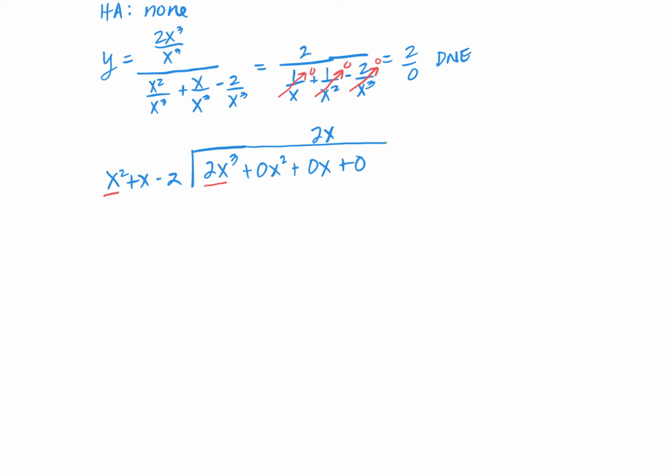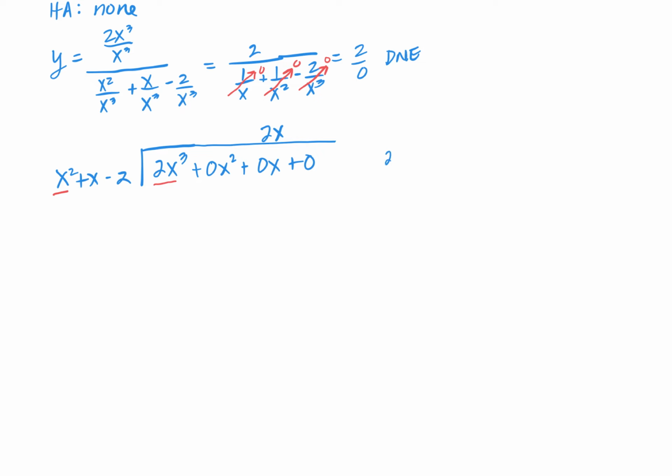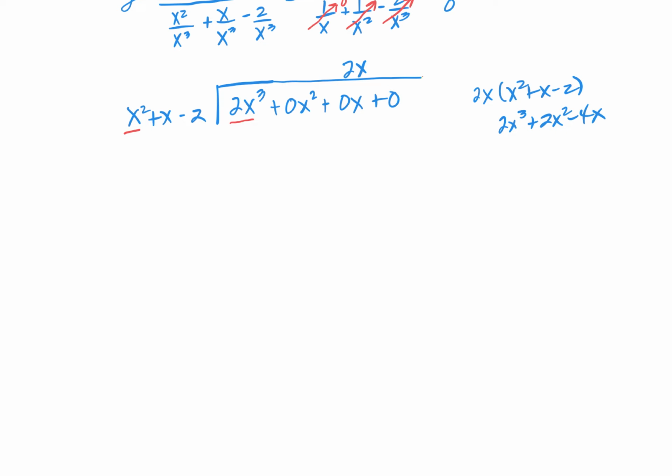You can do the multiplication off to the side: 2x times the divisor x squared plus x minus 2 to get 2x to the third plus 2x squared minus 4x. Then subtract down.